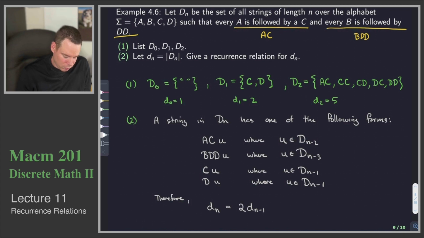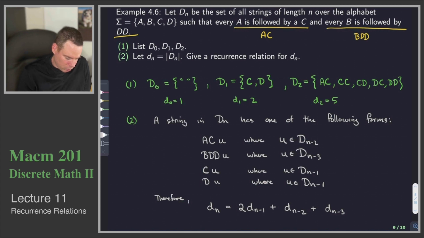So for any one of those, I can produce 2 different options for words of length n. I could also generate them from the words of length n minus 2, and for those, I just stick an AC in front of them. And I could also generate them from the words of length n minus 3. I would just stick a BDD in front of them. And so there is my recurrence relation: the number of words of length n is just twice the number of words of length n minus 1 plus the words of length n minus 2 plus the words of length n minus 3.